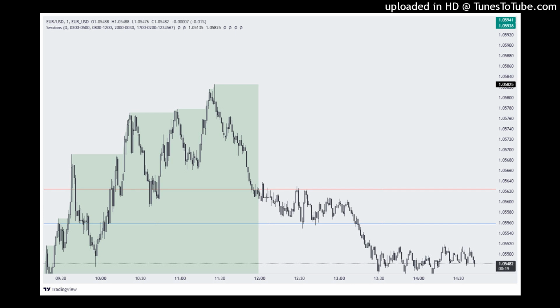No. So we need something on the time frame below it to tell us, hey, can we capitalize on this ID through narrative? Because on the monthly, if we are going lower, where are we going lower from? Well, we don't really have a fair value gap just yet before we reach this target. So there's no clear boundary right there to enter off of to target that low before we actually reach the low.